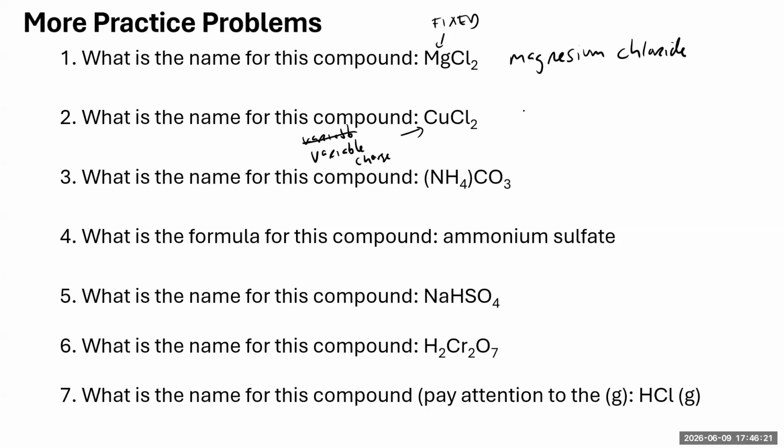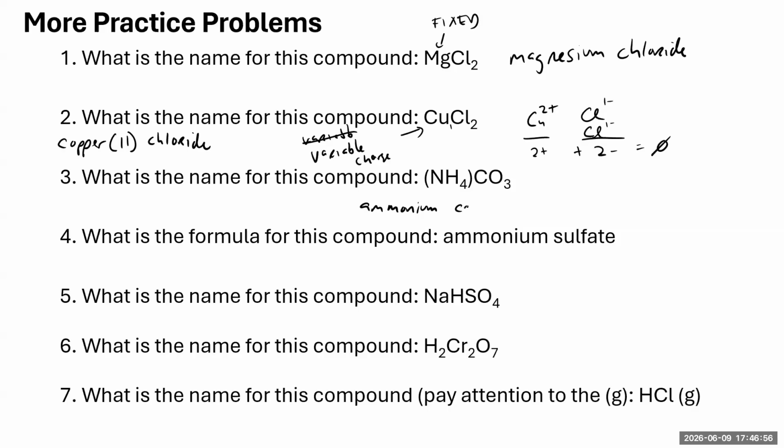So we don't know, but we know chlorine, and there's 2 of them, is a 1 minus. So we have a 2 minus total. That has to add up to 0, right? We only have 1 copper. We need here a 2 plus, so we know this is 2 plus. So this is copper 2 chloride.